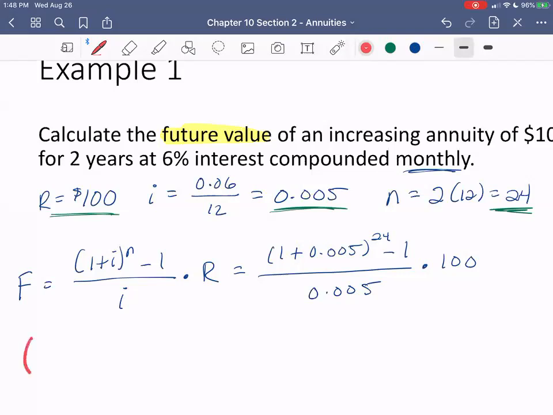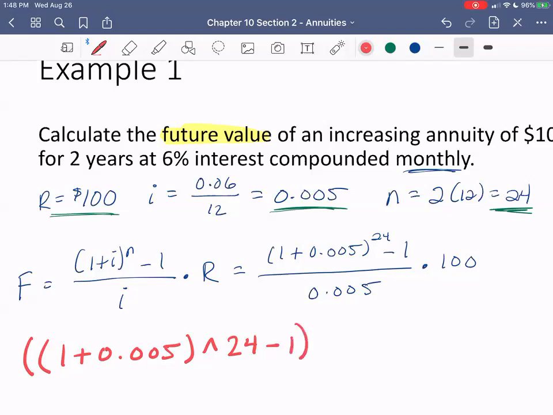You're going to have your parenthesis, another parenthesis, and it's going to be 1 plus 0.005 in the parenthesis. That takes care of your first part, and then you put the little caret to raise it to the power of 24. Minus 1.